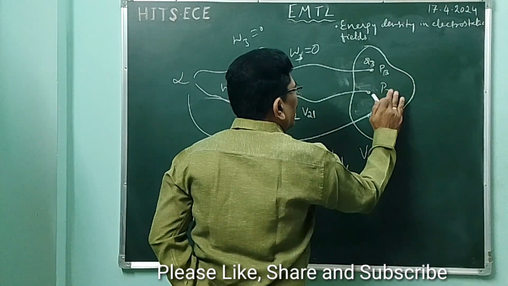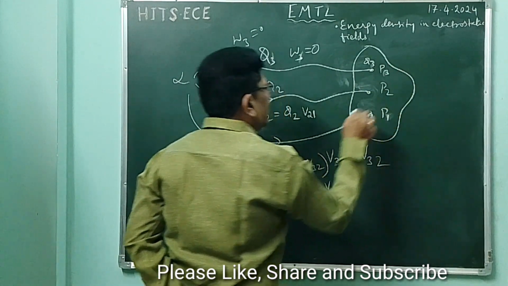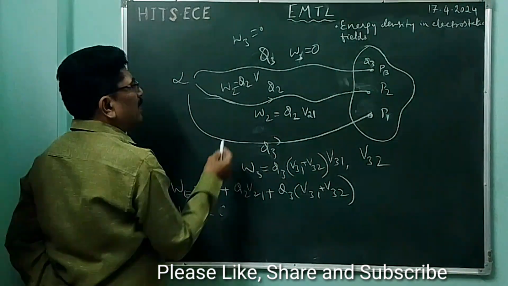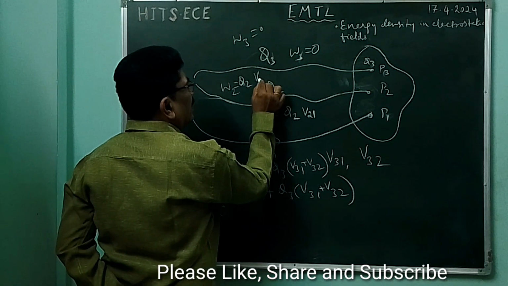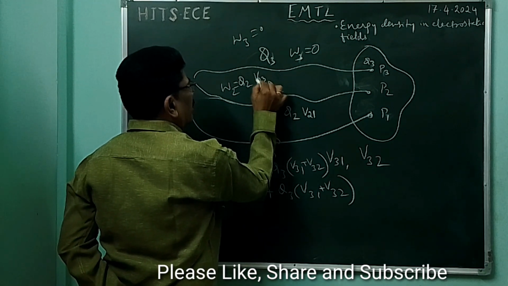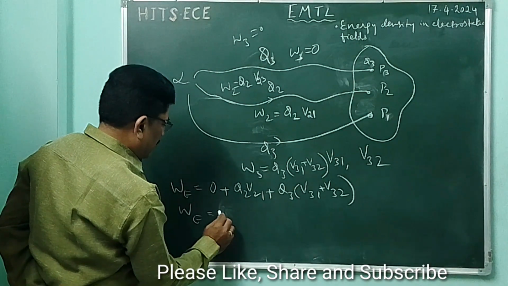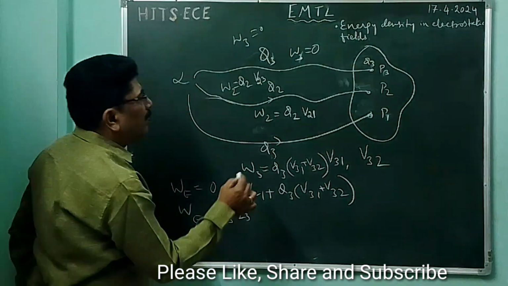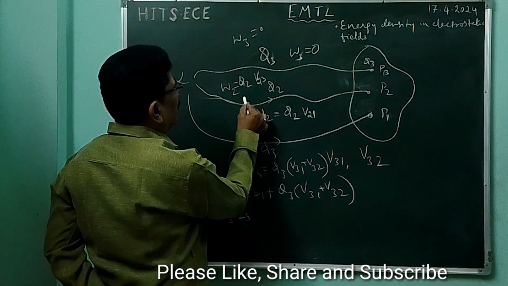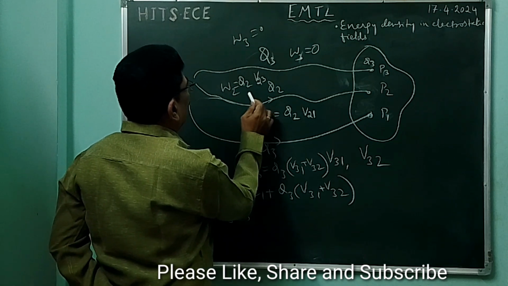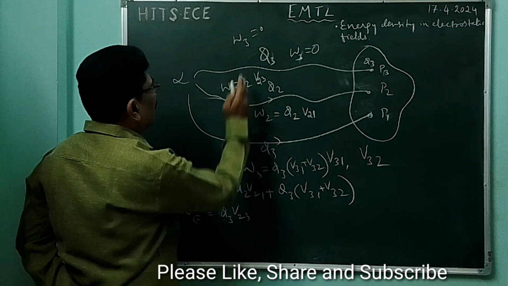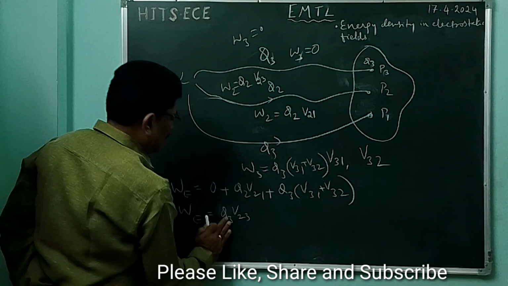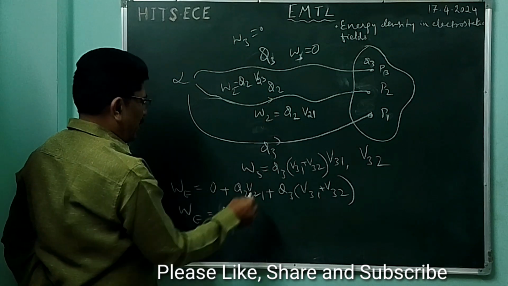This is P3, this is P2 and this is P1, let us say. The potential at point P2 is due to Q3, that is V23. So W3 is equal to 0, and W2 is equal to Q2 into V23.